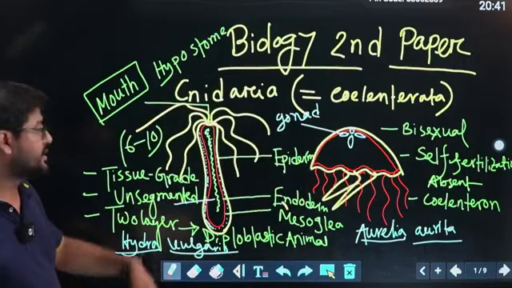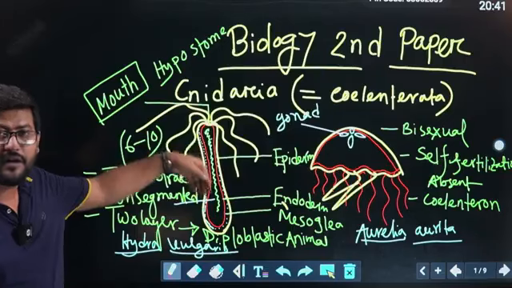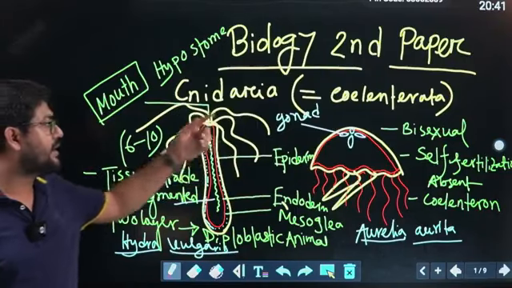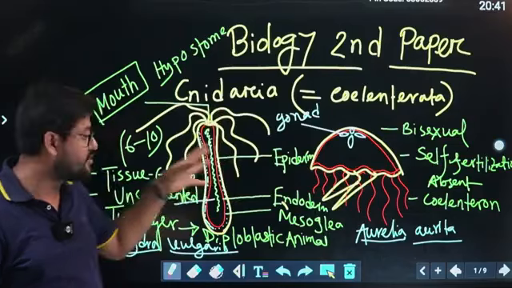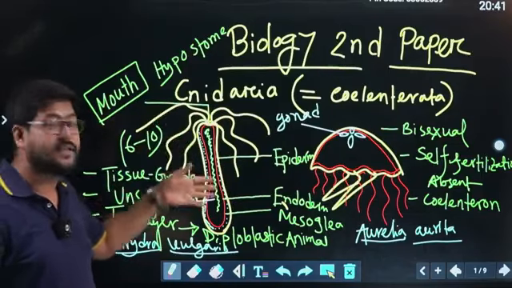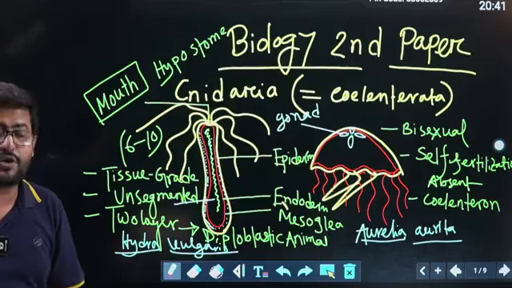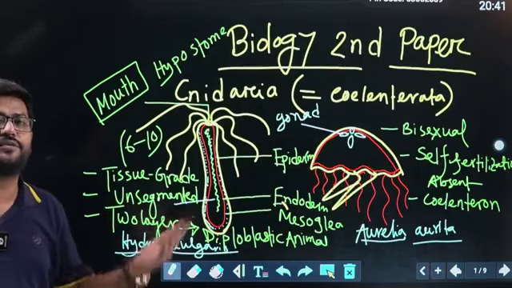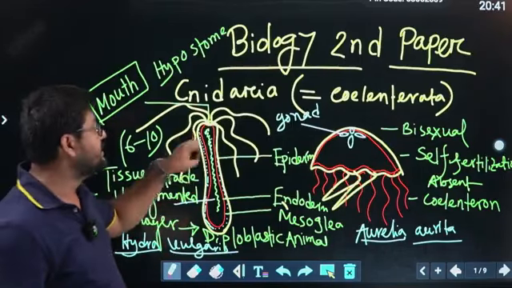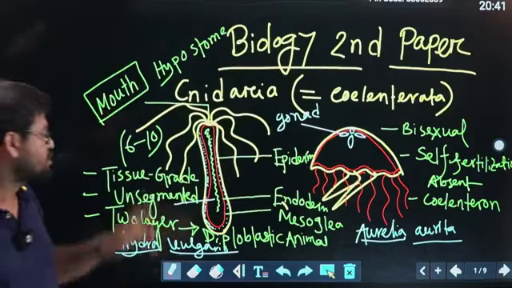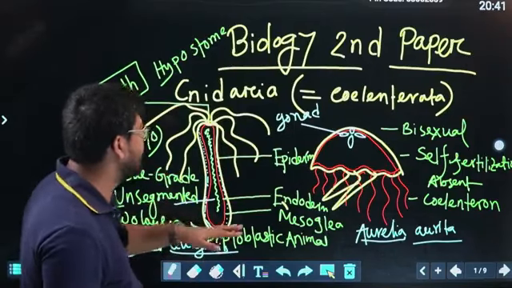Another important thing is that some algae can inhabit the cavity of the cnidarians, and the cavity's name is coelenteron. This coelenteron helps as both the stomach and in distributing the food materials. That is why the coelenteron is also known as the gastrovascular cavity. So you have to remember this name too.